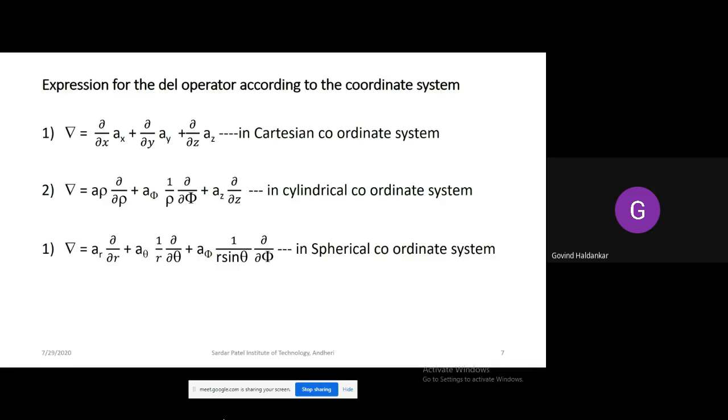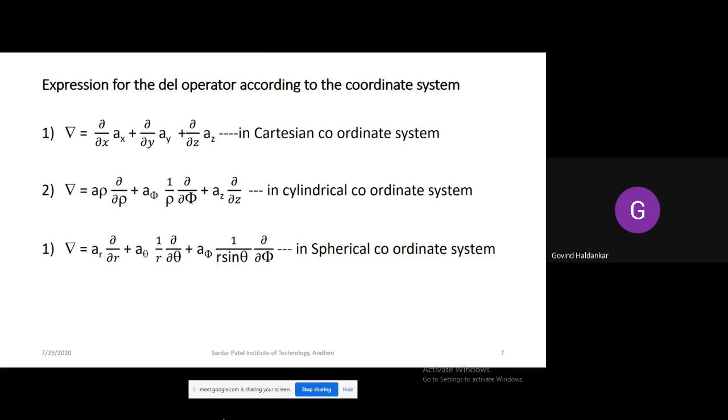Second is the cylindrical coordinate system. As you know, the coordinates are ρ, phi, and z. Hence it is written as aρ ∂/∂ρ, aφ (1/ρ) ∂/∂φ, plus az ∂/∂z. The third term, ∂/∂z, is the same in the Cartesian and cylindrical coordinate systems.